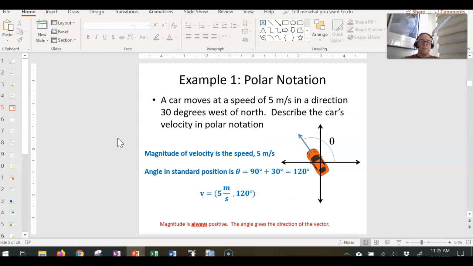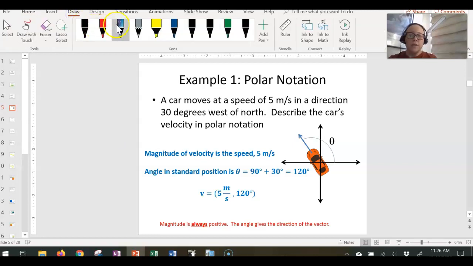Here's an example. A car is going at a speed of 5 meters per second in a direction 30 degrees west of north. So on a coordinate axis, we typically would say that east is to the right, west is to the left, north is straight up, and south is straight down.